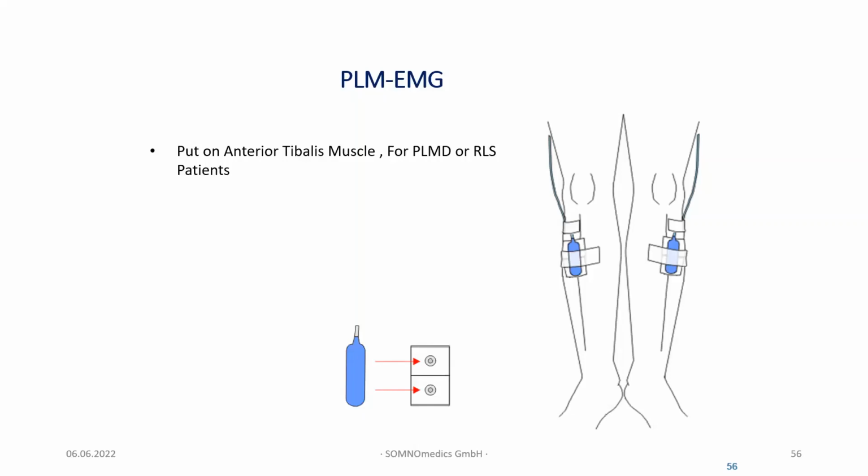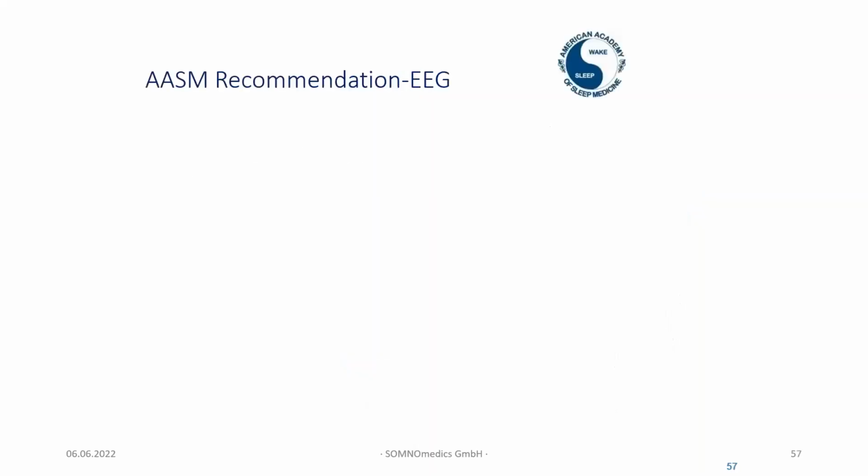Basically, you put these PLM leg sensors on the anterior tibialis muscles, 2 to 3 centimeters apart from each other, for diagnosing periodic leg movement disorder or for RLS patients. Actually, for RLS patients, polysomnography is not recommended. But obviously, when we are doing a polysomnography, you can pick up PLMD. So this is what AASM recommends.